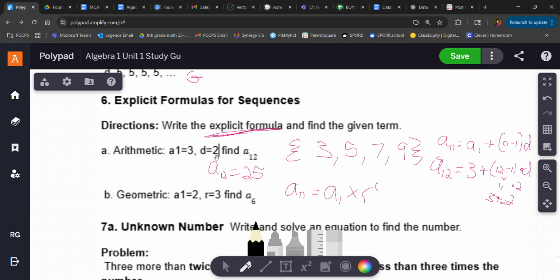And for the exponent of that ratio, it's whatever term number we're looking for minus 1.